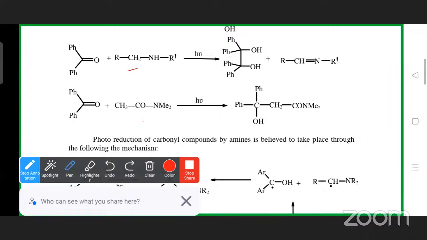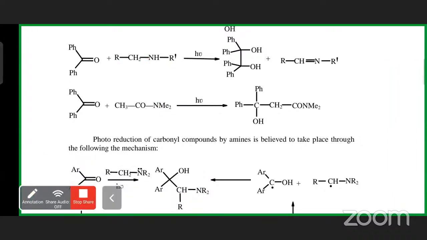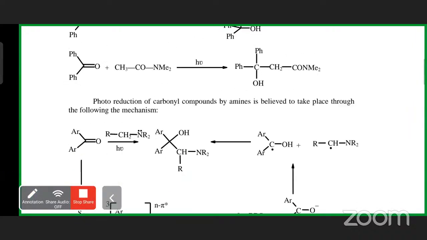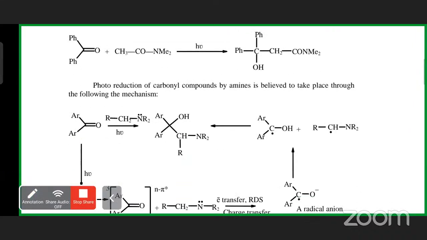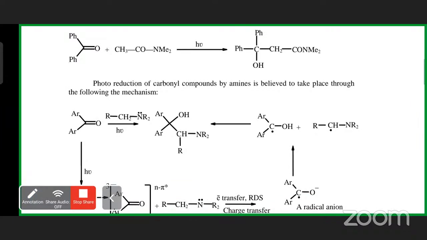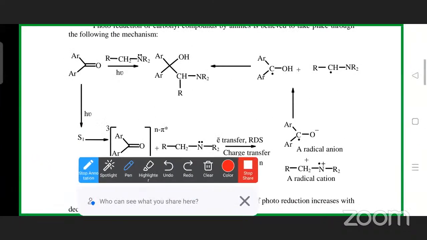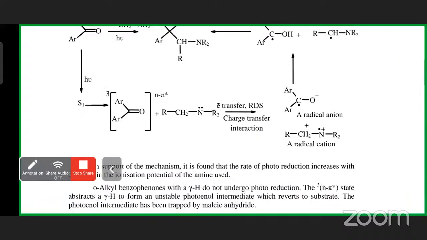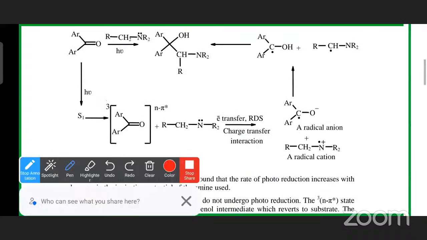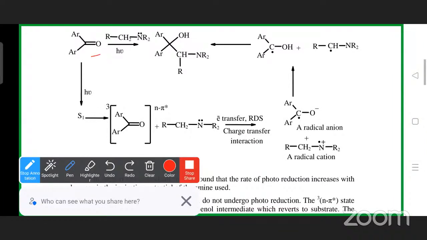Here the alpha proton is there. So you can see the mechanism, how this conversion takes place. Here the benzophenone, under this particular photolysis, is going to give this product here.